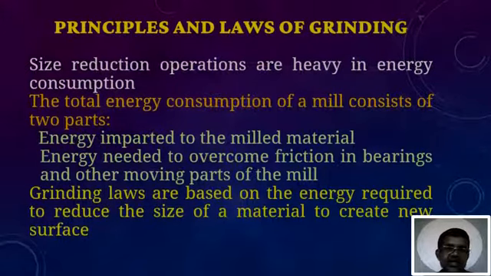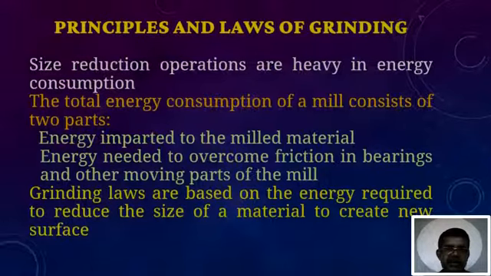The total energy consumption of a mill consists of 2 parts: energy imparted to the milled material, and energy needed to overcome friction in bearings and other moving parts of the mill. Grinding laws are based on the energy required to reduce the size of the material to create a new surface.